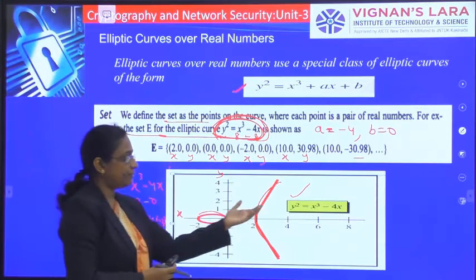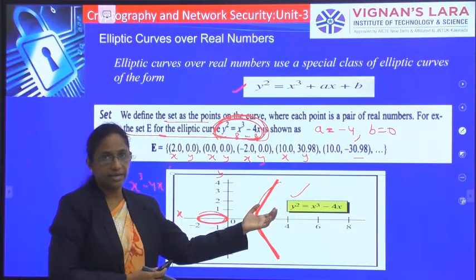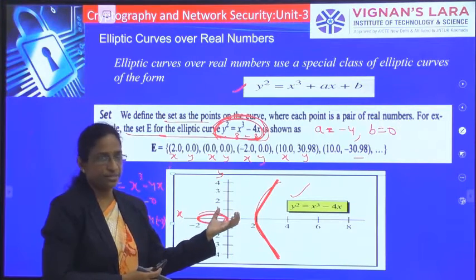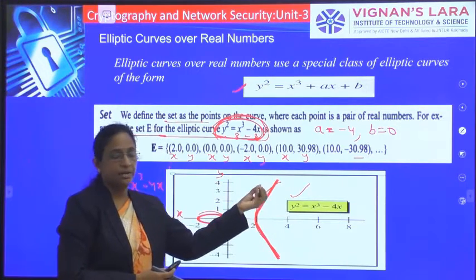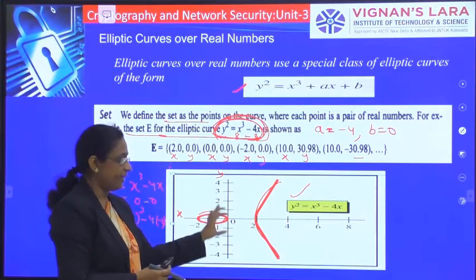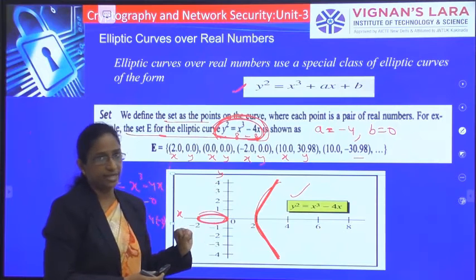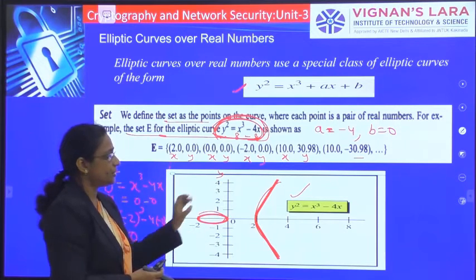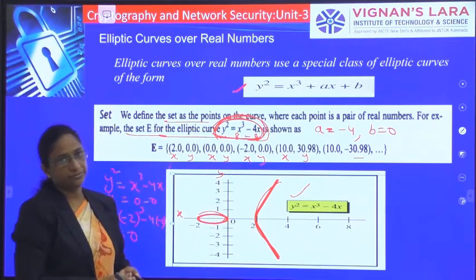In that way, I will be getting a set of points, and plotting those x and y values, I will be getting the curve like this. This is said to be the elliptic curve.